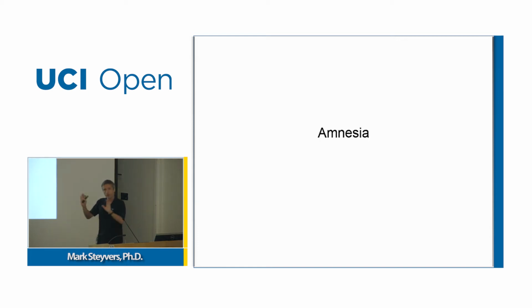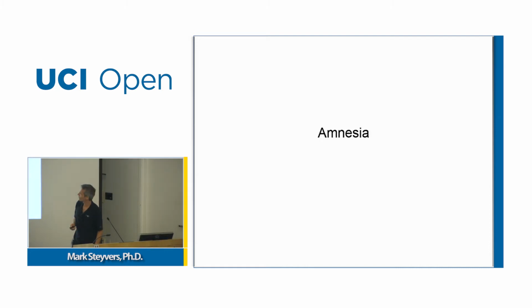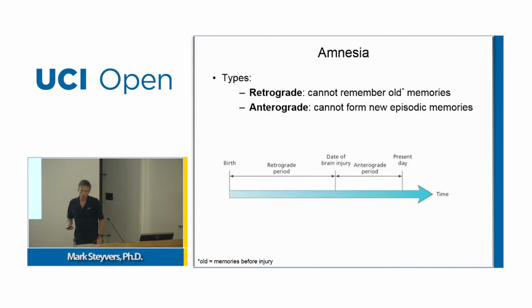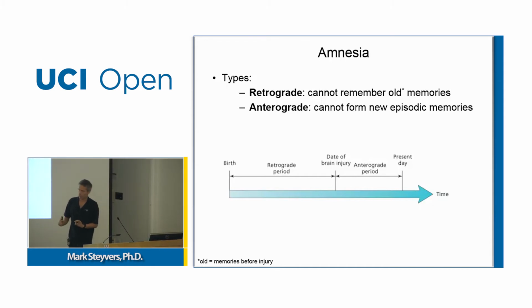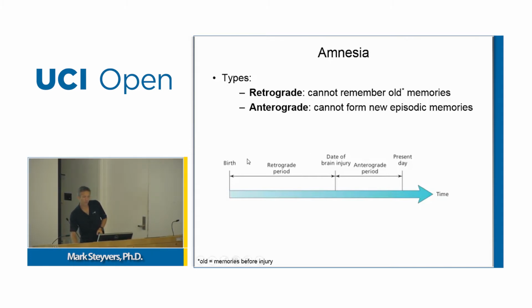Okay, so let's switch gears and talk about amnesia. So there are two types of amnesia. There's retrograde amnesia and anterograde amnesia. And here's a little picture to highlight the difference.